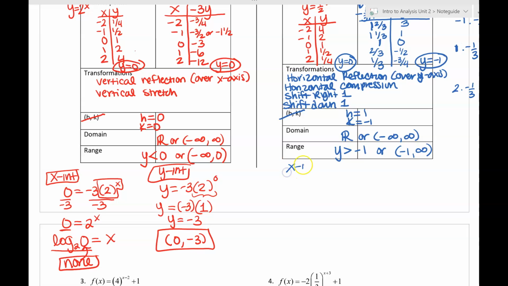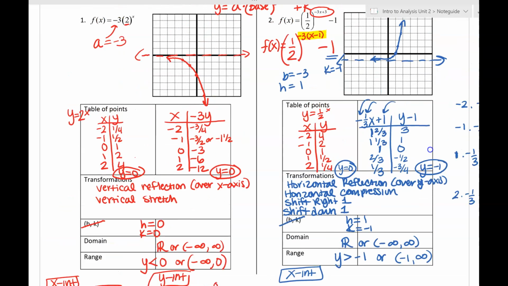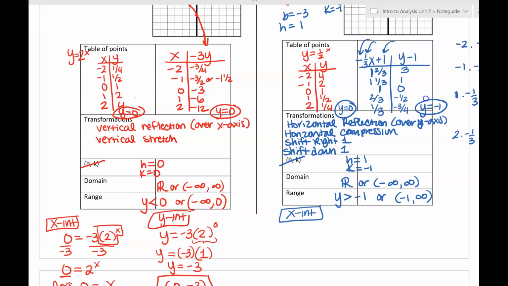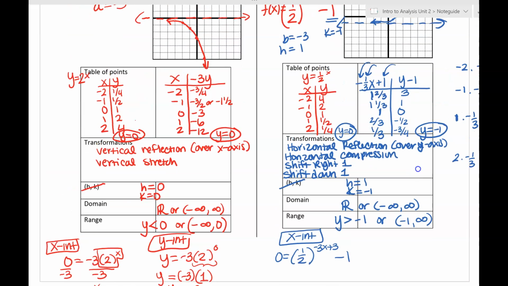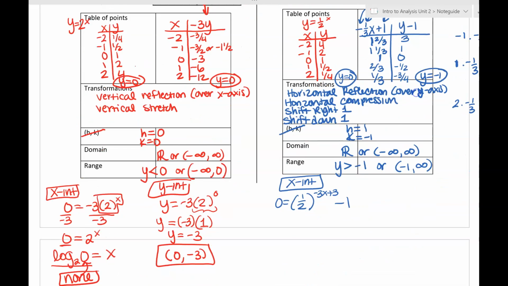Then we're going to do the same thing for the second example. So the x-intercept, we're going to plug 0 in for y. So we're going to have 0 equals 1/2 to the power of negative 3x plus 3, and then minus 1. Let me just make sure I copied that correctly.